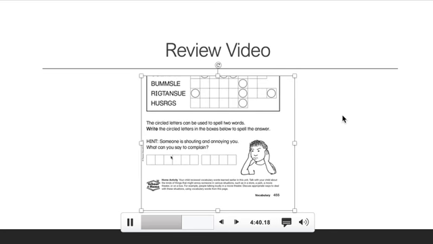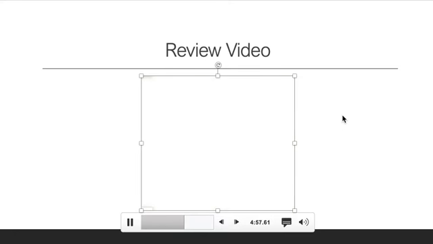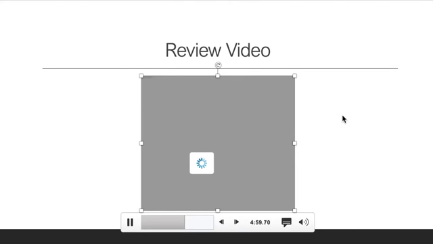And then you will find something here. Write the circled letters in the boxes below to spell the answer. Hint. Someone is shouting and annoying you. What can you say to complain? So, shouting would be annoying. And I see him covering his eyes.